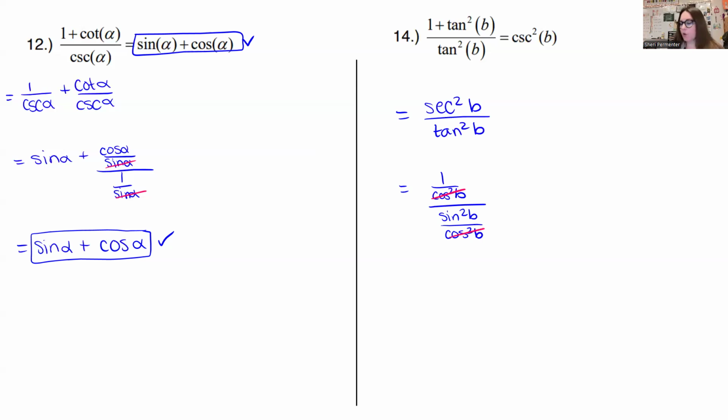So I end up with 1 over sine squared. What's 1 over sine squared? Cosecant. Is that what I was trying to turn it into? Yep.